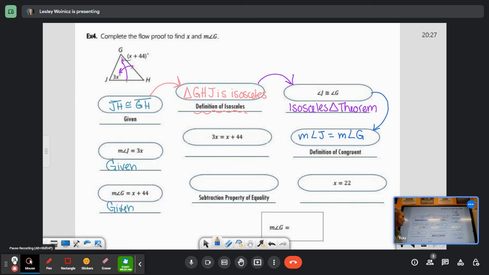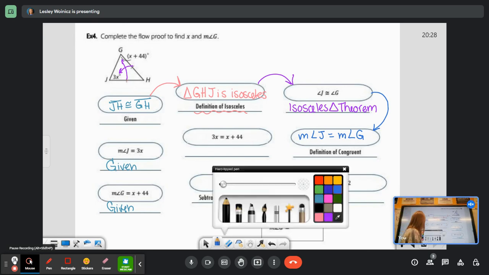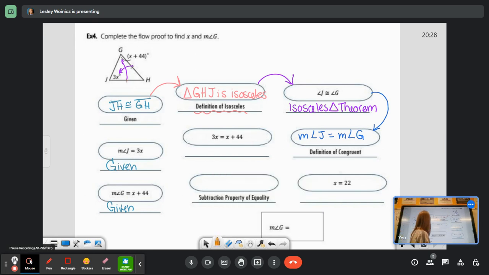Now, I know the measure of angle J, and I know the measure of angle G. That was given to me at the very beginning. So what I can do is substitute those in. So I'm going to substitute the 3x in and the x plus 44 in.